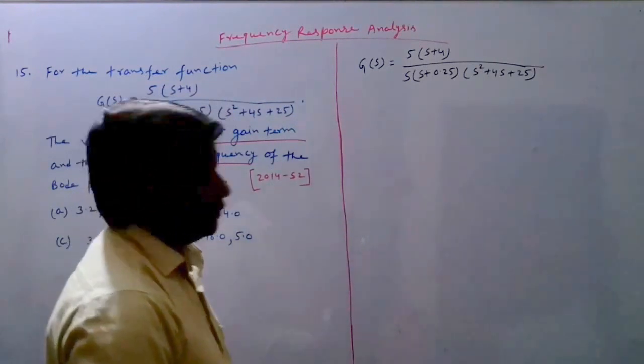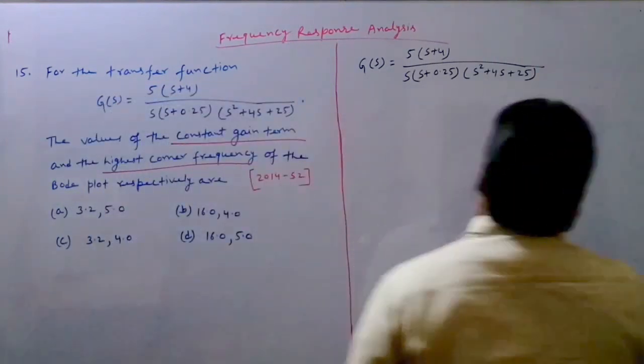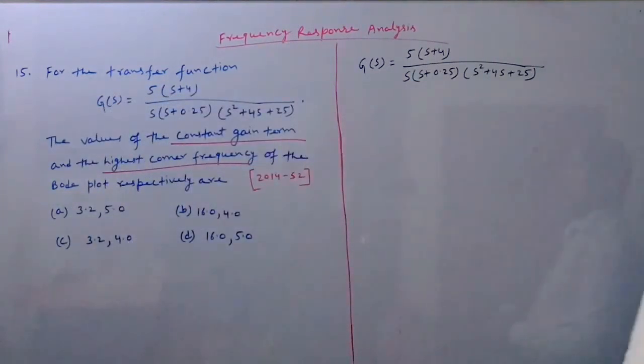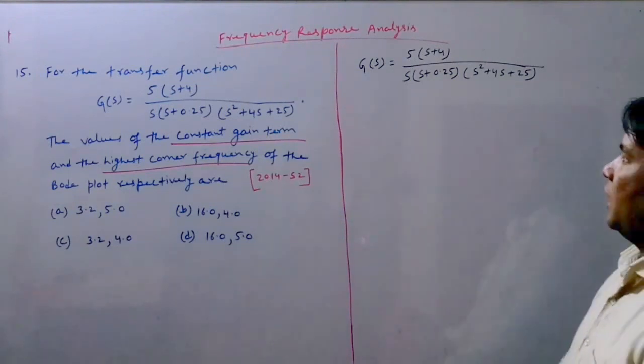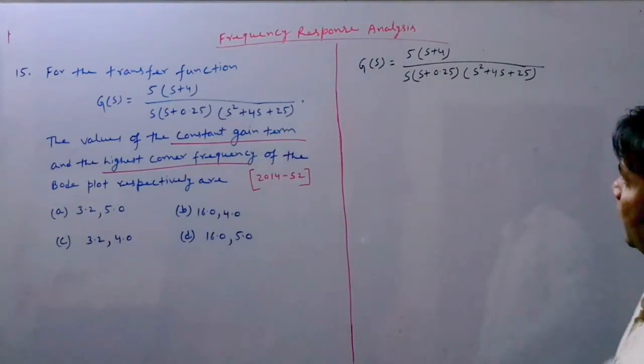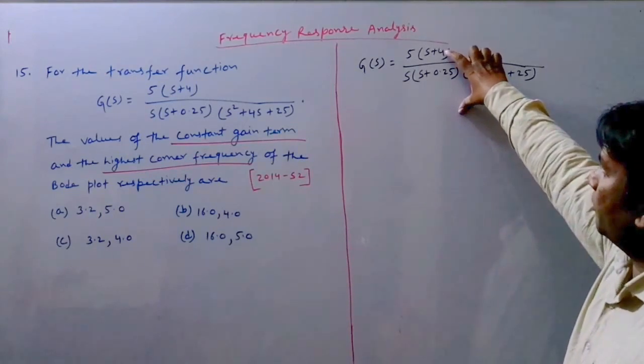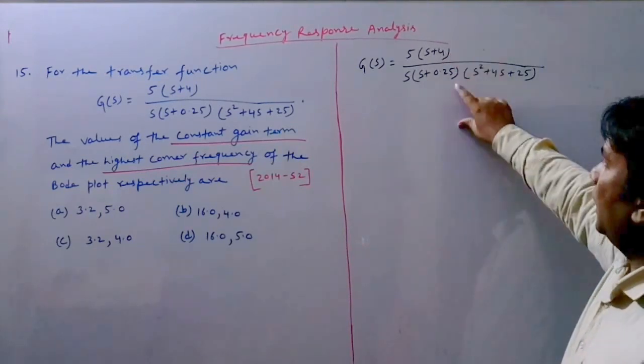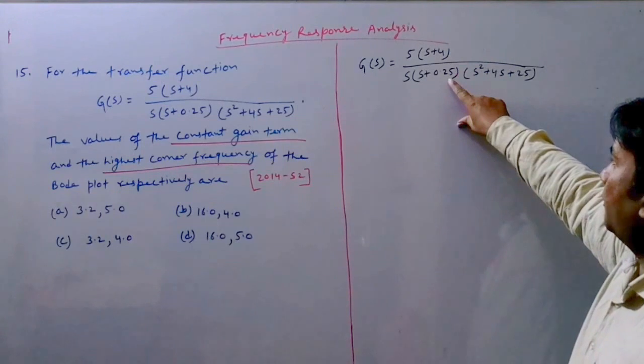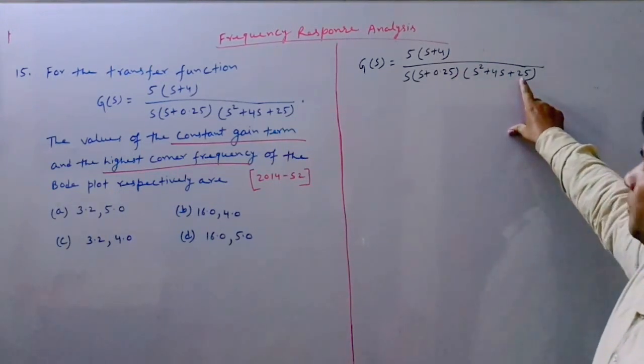So let us arrange this equation in a standard form. Let us take out 4 common from here, 0.25 from here, and 25 from here.